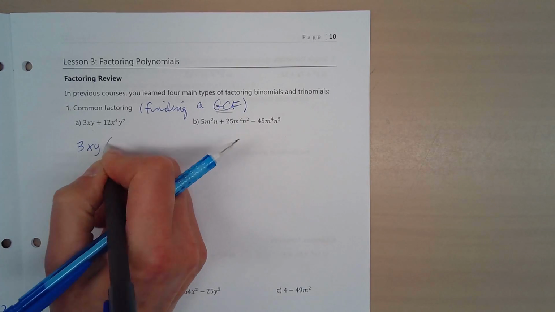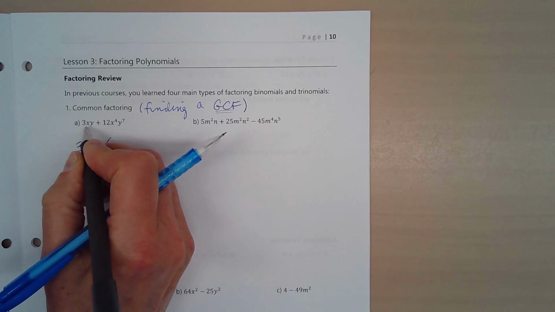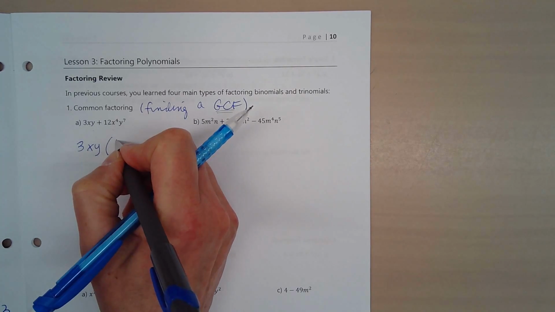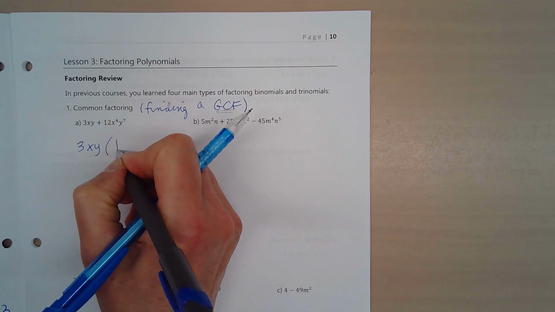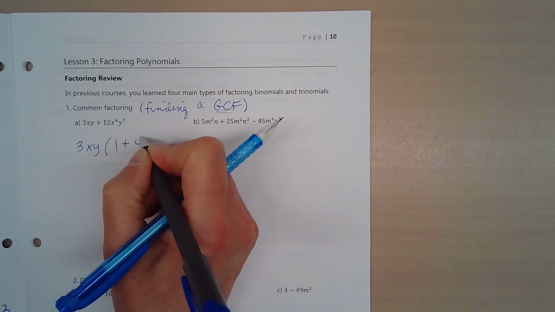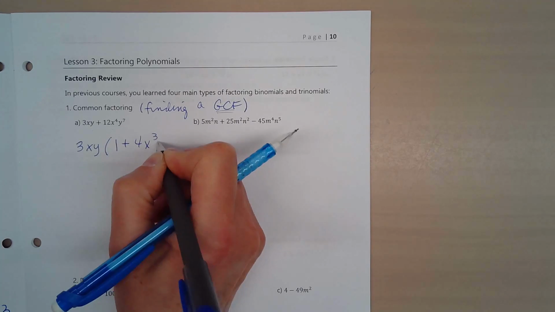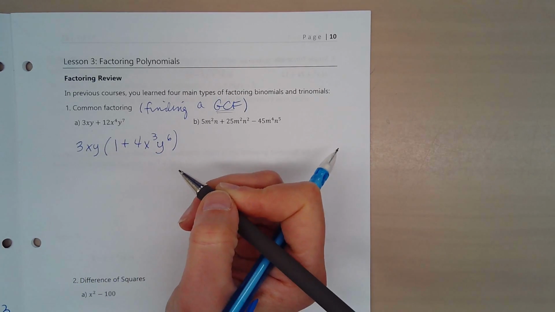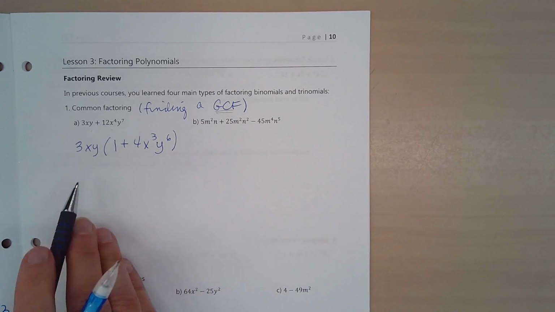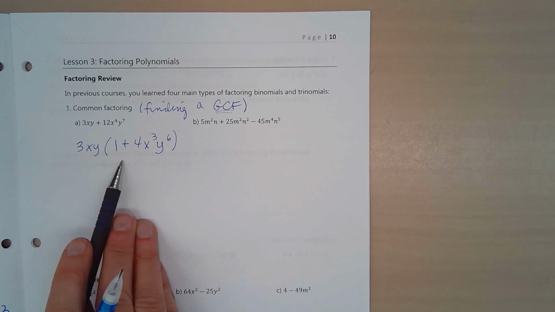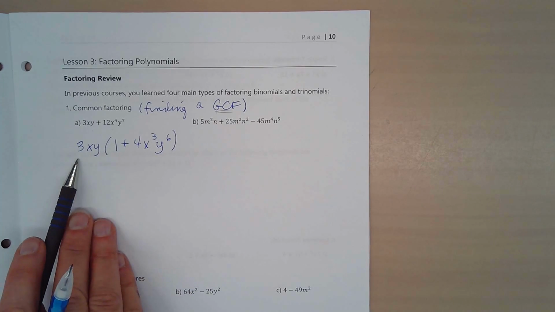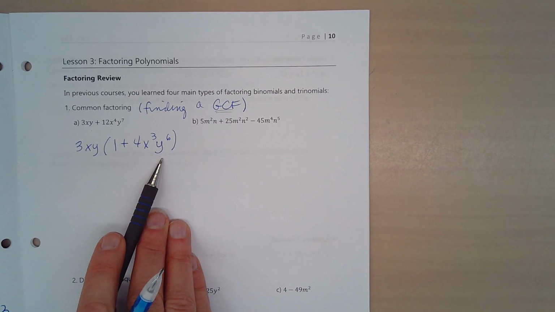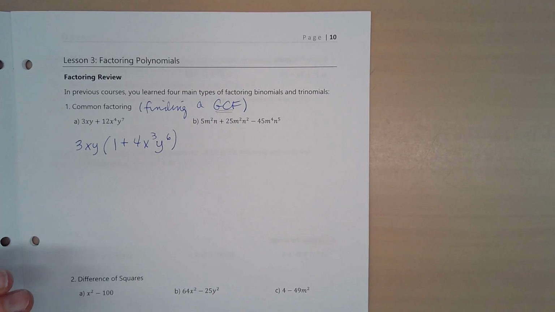When I factor out 3xy, I'm left with 1 plus 4x cubed y to the 6. And that's it. That's all you can do. Let's double check to make sure we did it properly. 3xy times 1 is 3xy. And then this times this would give me my 12x to the power 4, y to the power 7. So there's lots of review in here too. You have to know your laws of exponents.